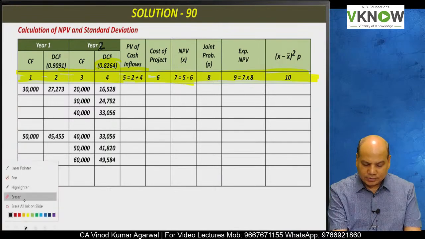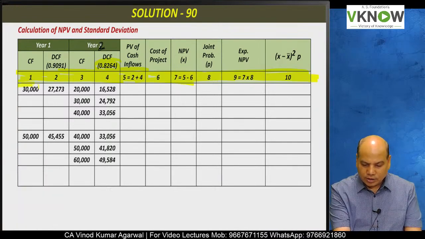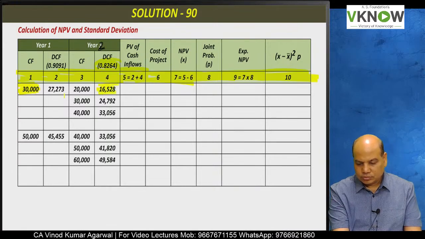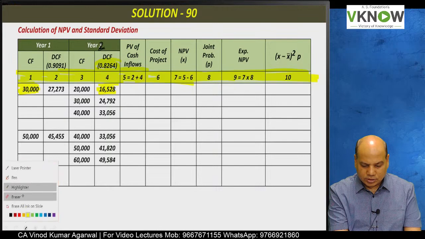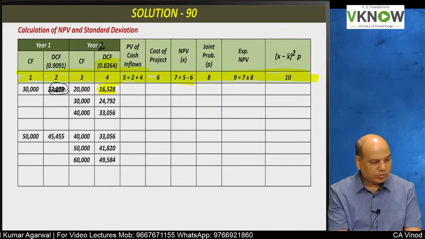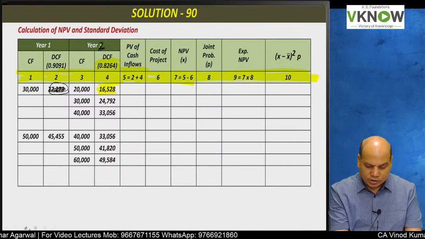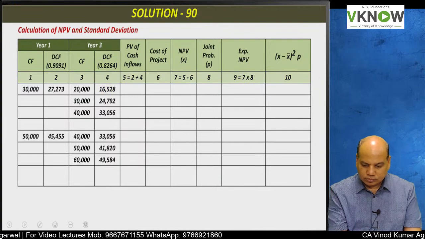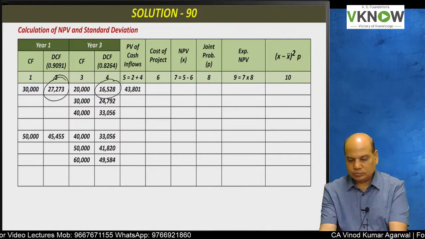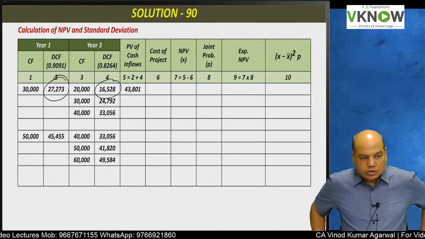Please add column number 2 and column number 4. Sorry, not 1 and 4, my mistake. These two numbers you will add. Anybody first answer? 43801.